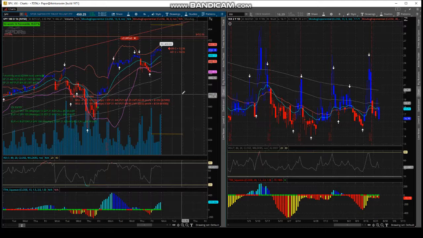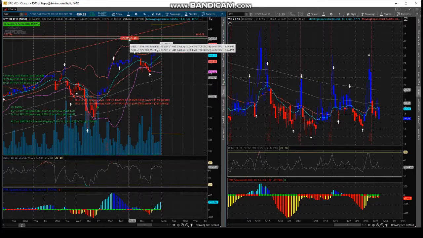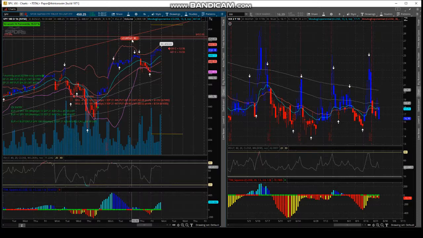But yeah, my main trade for this is the SPY calls. Although they will get hurt if it comes to 445, I am kind of hoping that it does continue and goes to 452, which I've got my exit set at here for $14 and $12. So if I can get out for that, that is almost 100% profit on both of those.